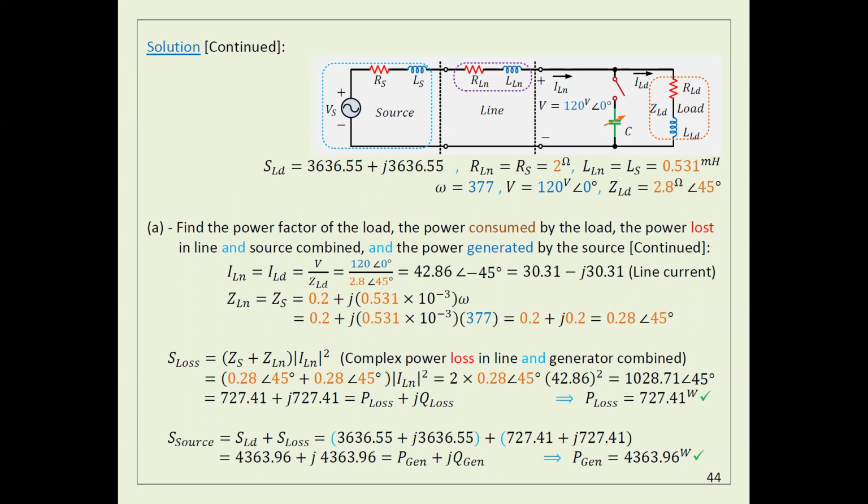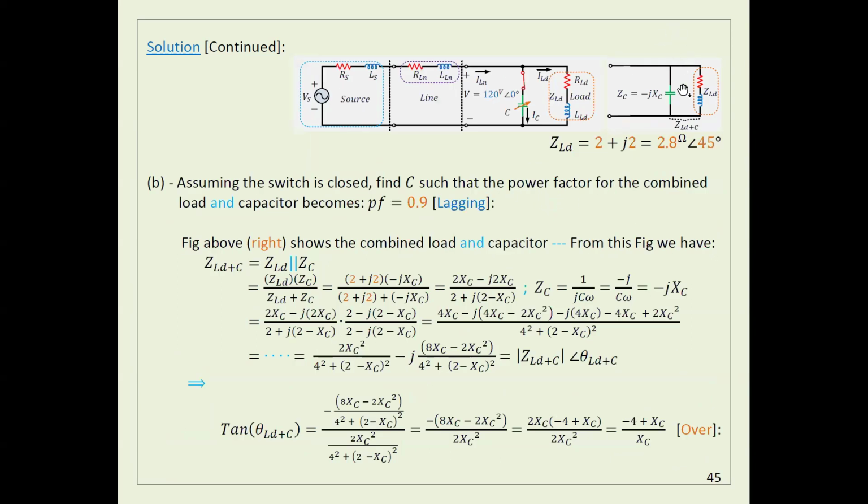Now I want to correct, not the load, but the power factor. Correcting the power factor means I want to improve it. Instead of 0.7, I want to get it closer to 1. How can I do this? This time I will add a capacitor here. So here I'm asking you the next part of the question: what value for the capacitor?